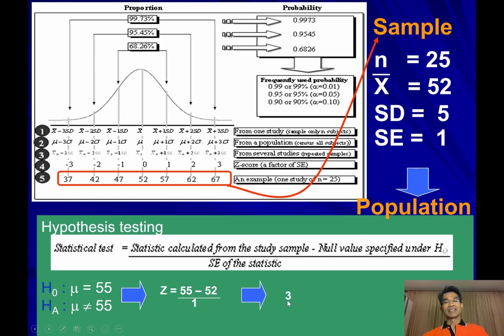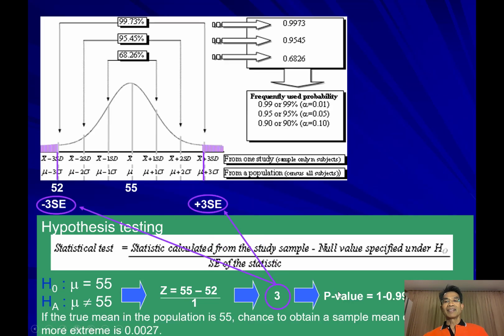So it is 3, and this corresponds to the number of times of the standard error, right? 3 corresponds to this area, the area that is unlikely. So it's in the tail of this. Then the area of this corresponds to what?